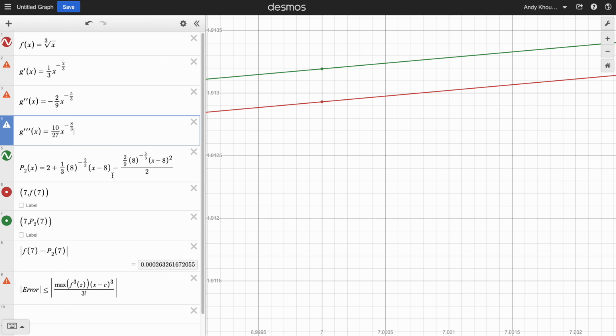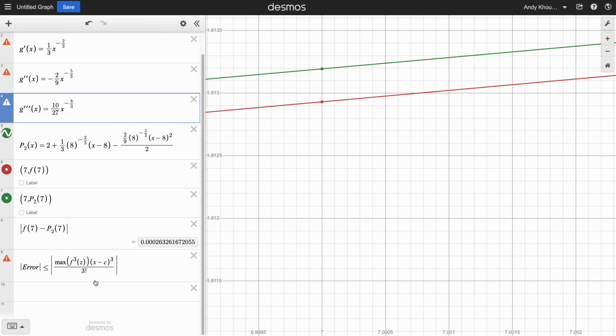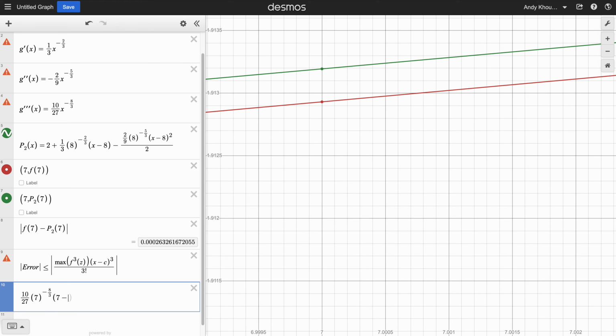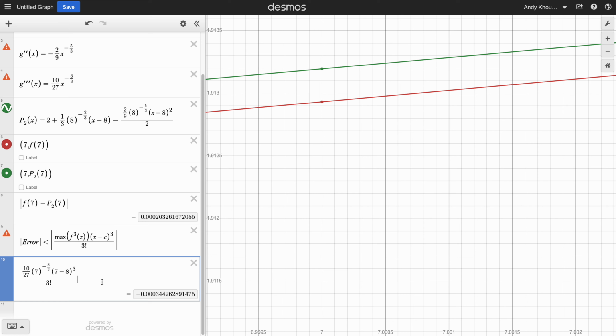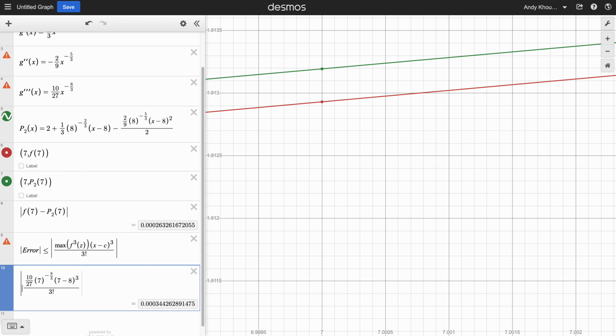My lower value is 7, so I'm going to plug in 7. So my maximum 3rd derivative is going to be 10 over 27, 7 to the negative 8/3. X is going to be 7. My center is 8, to the 3rd power, all over 3 factorial. And remember that this is absolute value, so make sure that you include that. And this right here represents my Lagrange error.